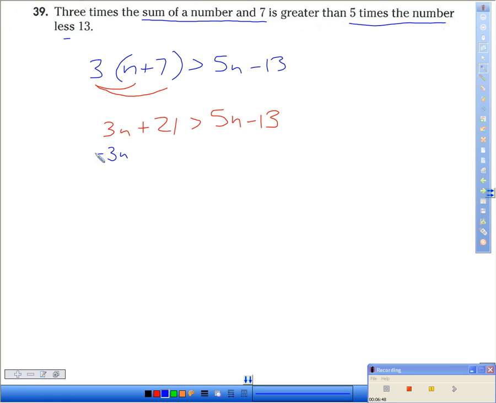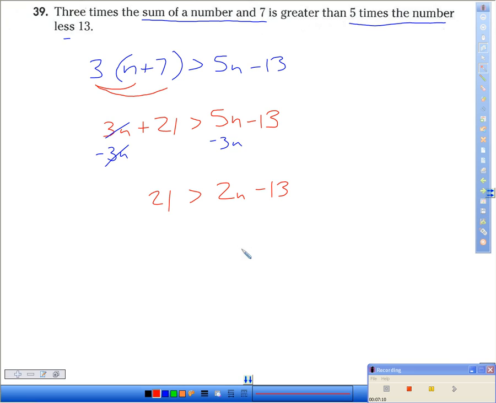Subtract 3n from the left and subtract 3n from the right. 3n minus itself gives us 0. So on the left-hand side of the inequality, we're left with just 21. On the right-hand side of the inequality, 5n minus 3n is 2n. So 2n minus 13. Since all we're doing is subtracting 3n, we don't need to flip the sign. Again, only if we multiply or divide by a negative are we going to change the symbol that comes between.